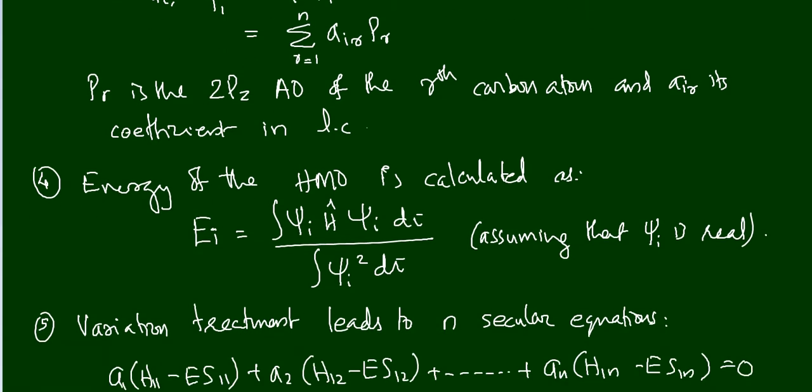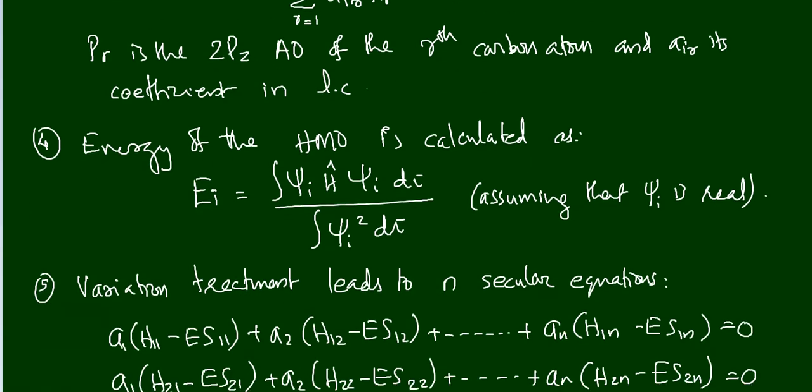And the energy of the Hückel molecular orbital psi I can be calculated as Ei is equal to integral psi I H cap psi I d tau divided by integral psi I square d tau, and we assume that psi I is real. Okay, otherwise we have to write psi psi star, like that.